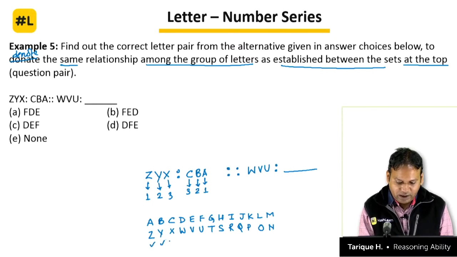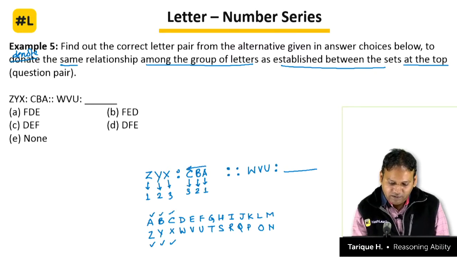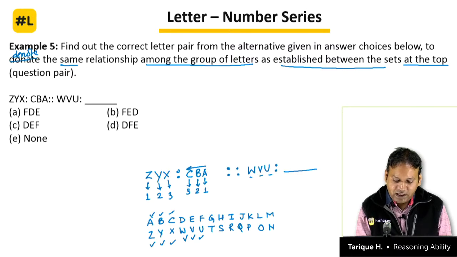Z, Y, X, reverse, write down A, B, C, but write down in reverse. Clearly then we have W, V, U also. W, V, U, you get D, E, F, but we should write D, E, F in reverse.